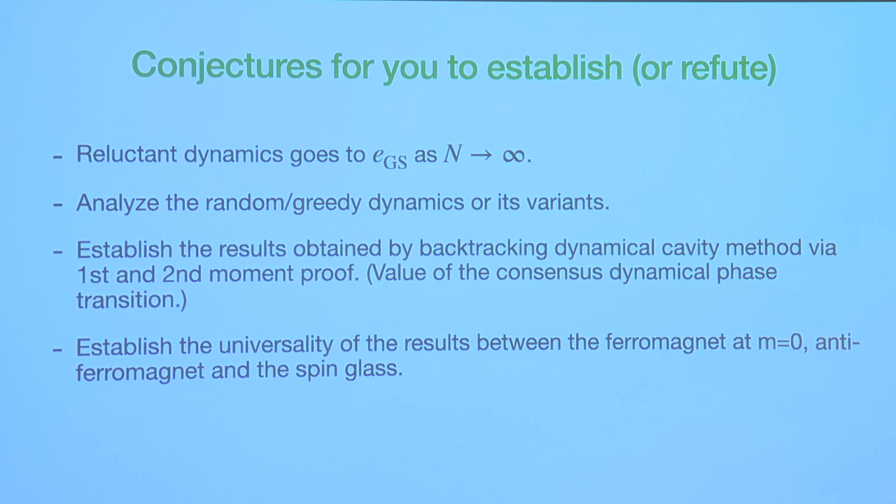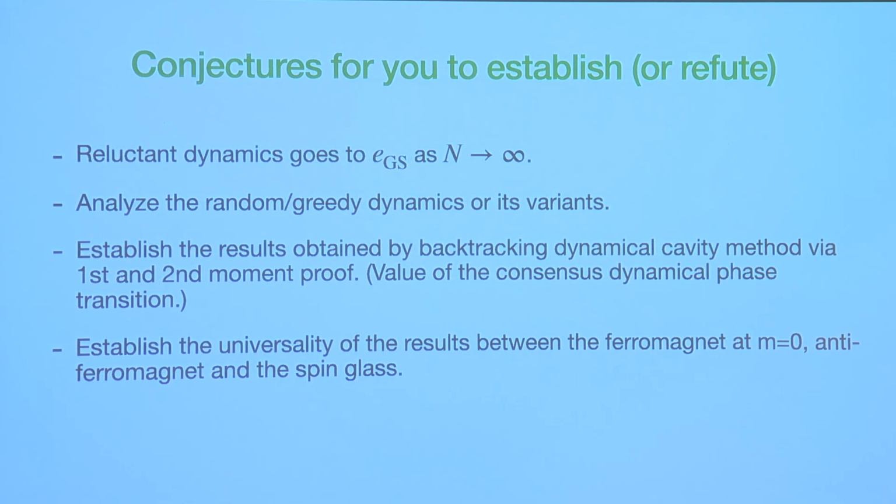Analyze the random greedy dynamics or its variance and show where that one goes. And again, I learned that there is some ongoing work in the audience that is very exciting. You can establish the results obtained by the backtracking dynamical method, since these are essentially all the interesting cases in our self-consistency checks.